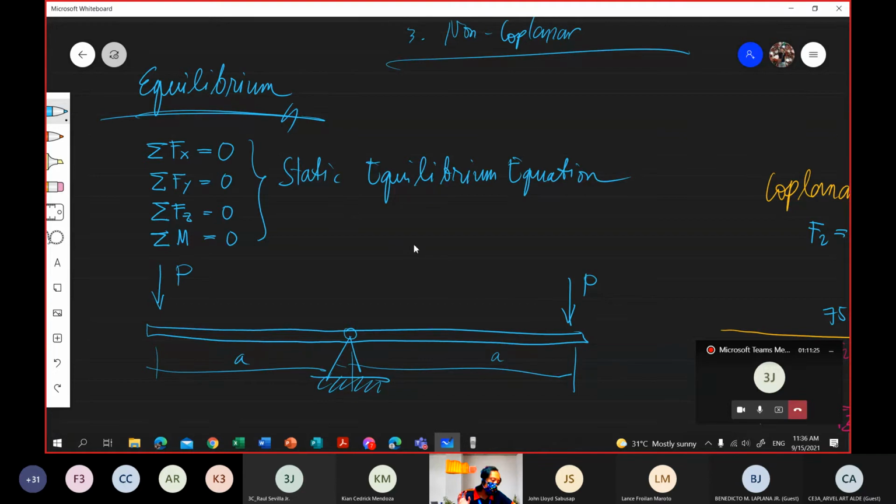Since we are now in 2D, the summation of Fx should be 0, the summation of Fy should be 0, and the summation of moment should be 0.